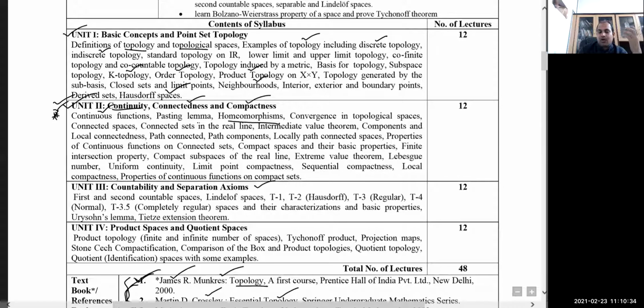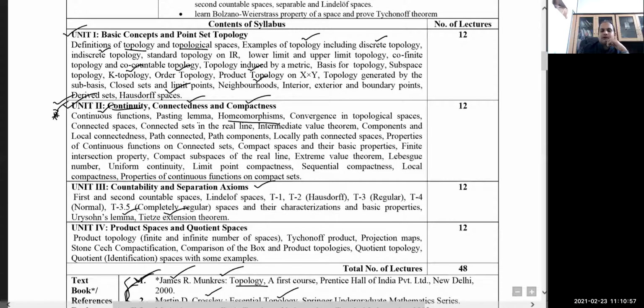If a topological space is metrizable, then how do we show it? We need to take help of Urysohn's lemma and theorem. And similarly, there is Tietze's extension theorem.